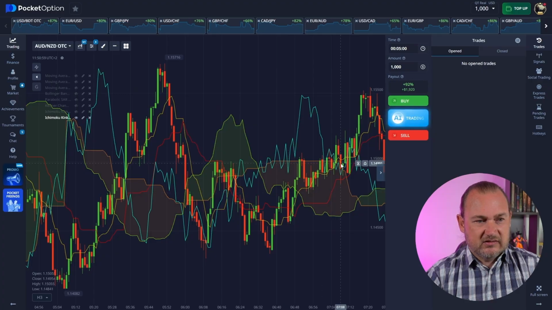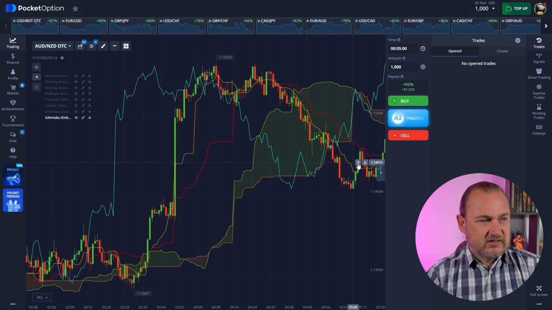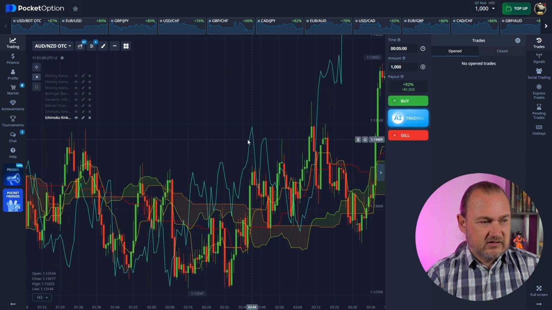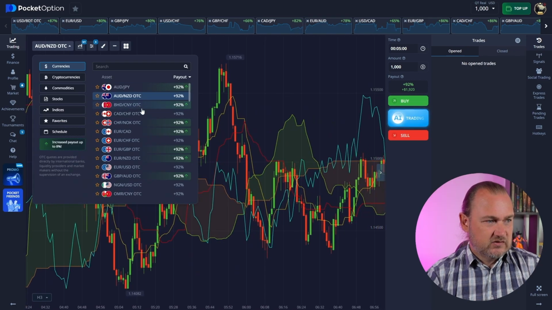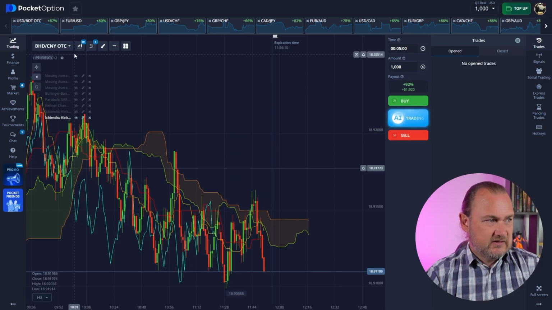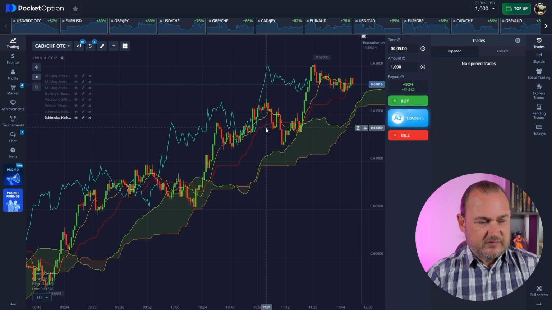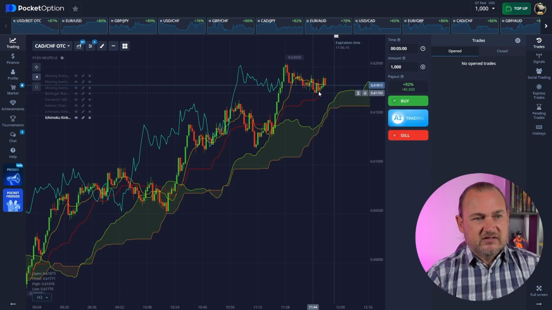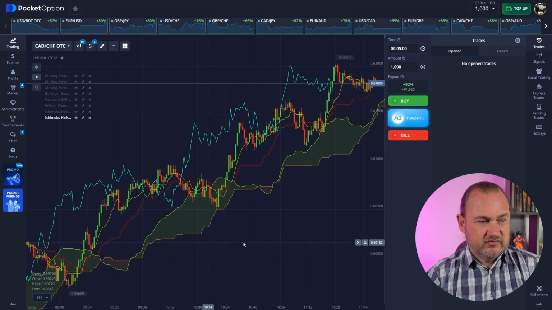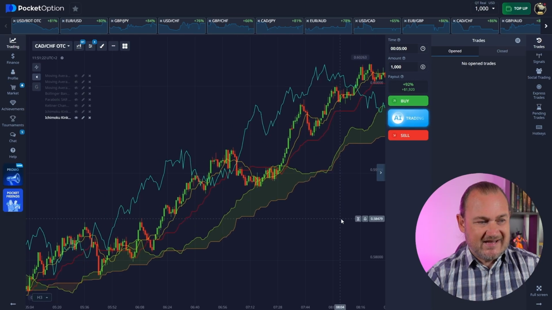price or the cloud is very often used as a support and resistance area. This asset is very volatile. Let's switch to something else. If we see if we can get an asset with, there we go, a little bit smoother movement. So this is very clear how the Ichimoku Cloud is very often used as a support or resistance area.